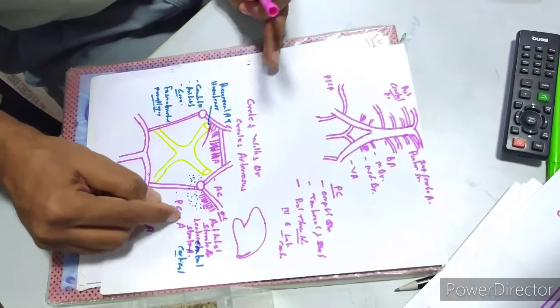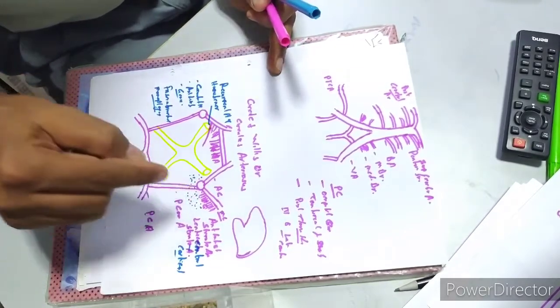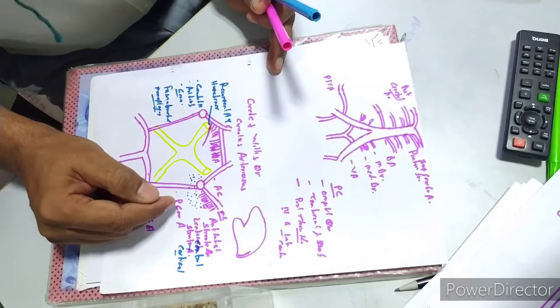They come and enter into the anterior perforated substance.